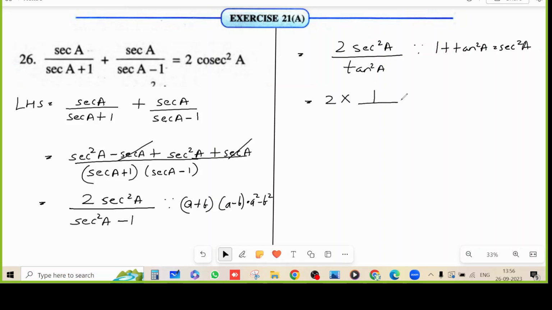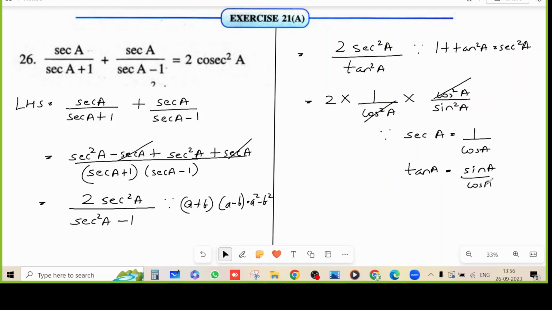So sec A is the reciprocal of cos A, and tan A is sine A upon cos A. So this will get cancelled out, and the relation that we have used here is sec A is equal to 1 upon cos A, and tan A is equal to sine A upon cos A. So now we are left with 2 divided by sine square A. Now 2 divided by sine square A can be written as 2 cosec square A, since 1 upon sine A is equal to cosec A, and this is equal to the right hand side.